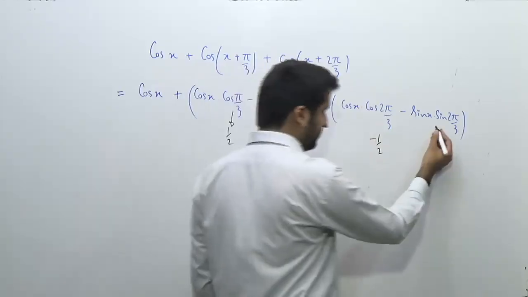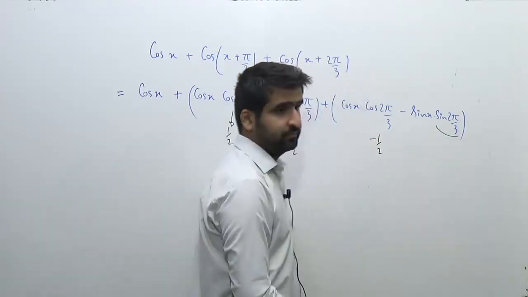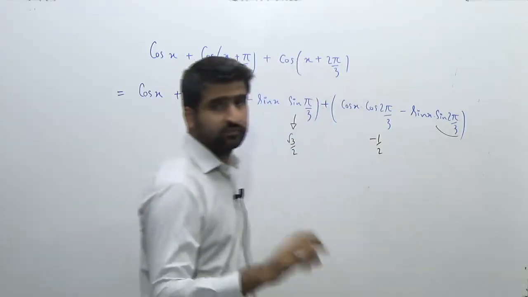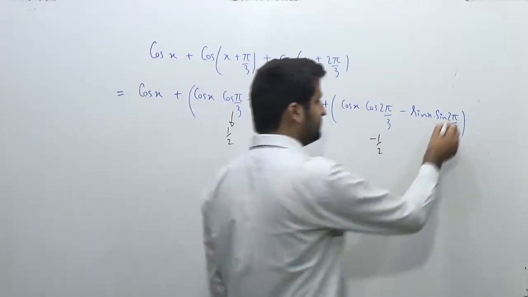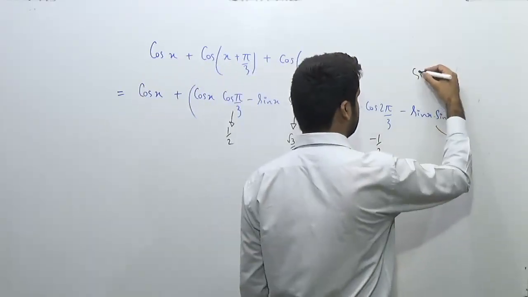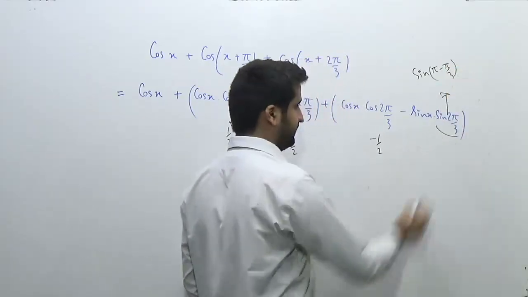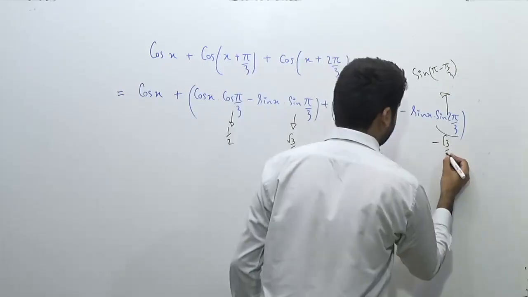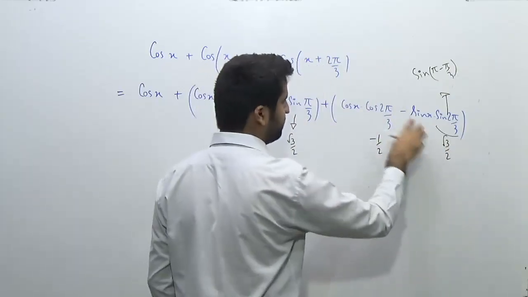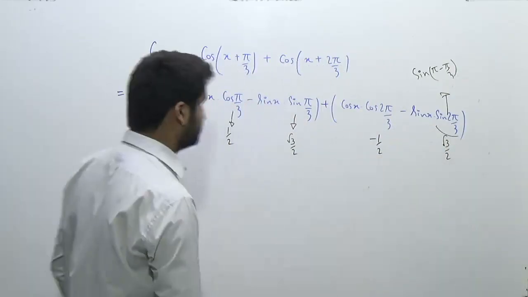But sin 2 pi by 3, since sin theta is positive in the second quadrant, this will be written as sin of pi minus pi by 3, which is equal to sine pi by 3 only. So this value will come out to be root 3 by 2, with a negative sign from the formula, so this will be minus root 3 by 2.